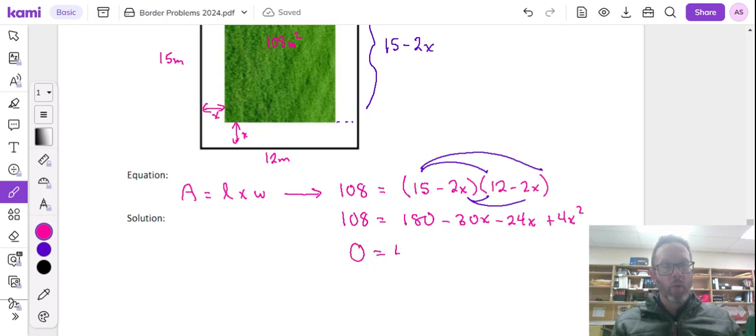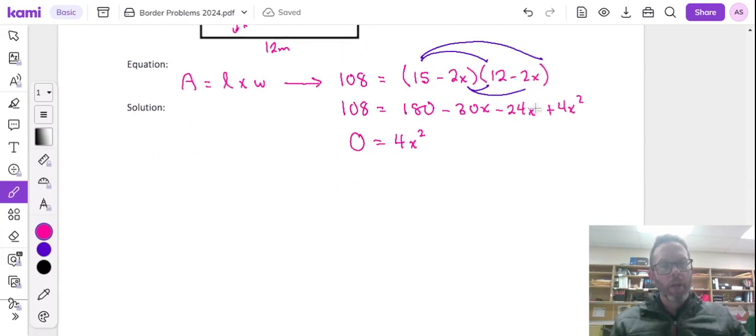So we have a 4x squared. Minus 30 subtract 24 is minus 54x. And then 180 minus 108 is equal to 72, plus 72.